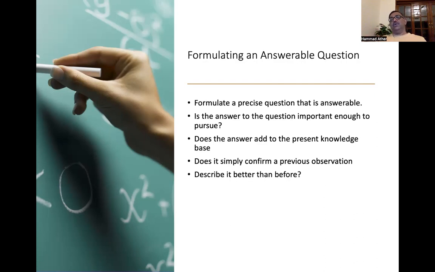If you want your paper to be published in a better journal, and our friend Habir is going to talk in the last session about how to publish your article in a good impact factor journal, you need to ask yourself: does it describe it better than before? What you're going to do should be a better answer than what is already described in the literature.